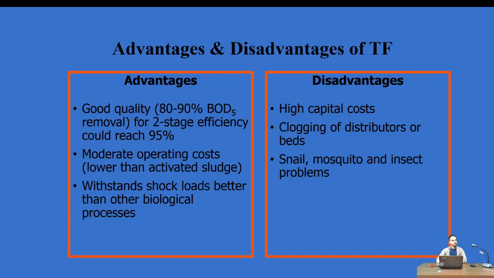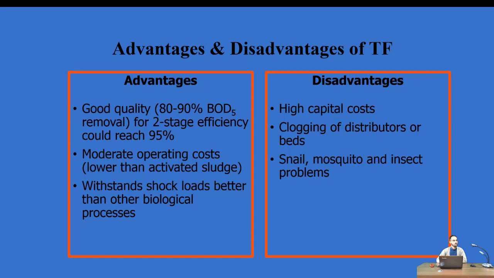The advantages and disadvantages of the trickling filter. Advantages: it gives good quality, with BOD removal of 80 to 90%. In some cases, if there are 2 stages, the efficiency will rise and could reach 95% organic removal.